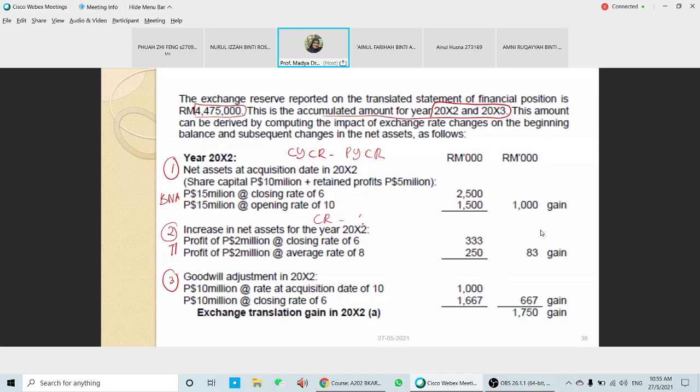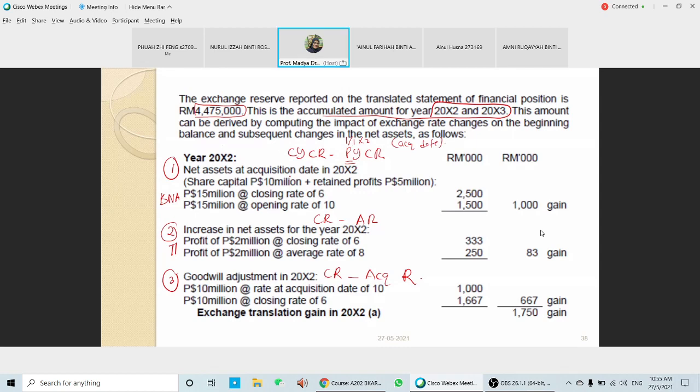For the goodwill here, it is the current rate minus the acquisition rate, because this is the first year. So for the prior year, since you acquired this company on 1st of January X2, we use the acquisition date, because that is your prior year.